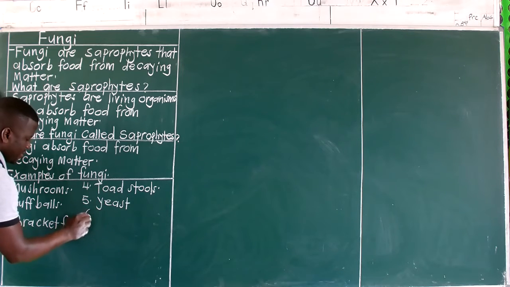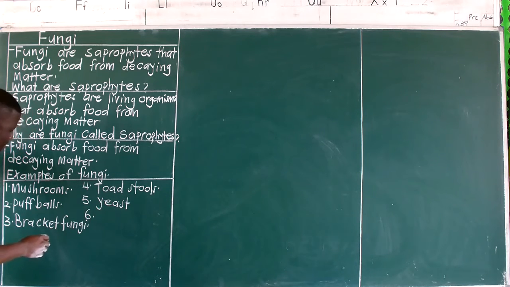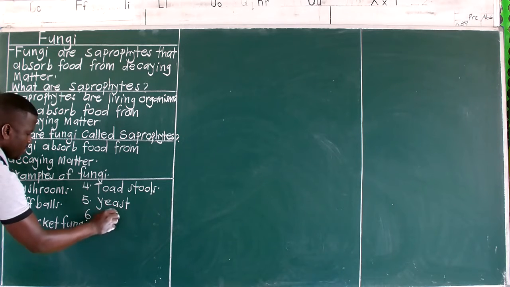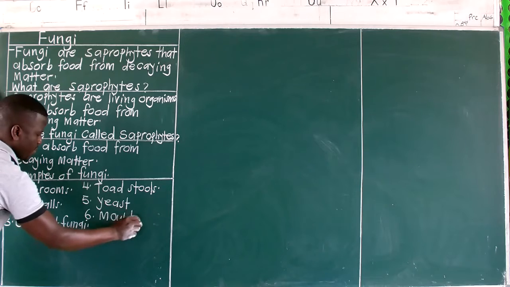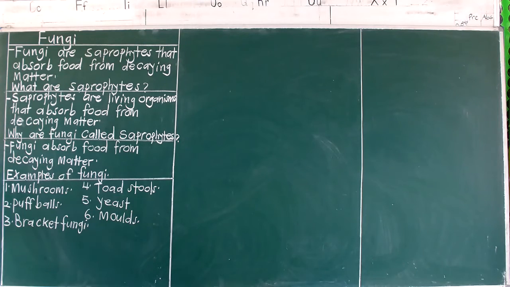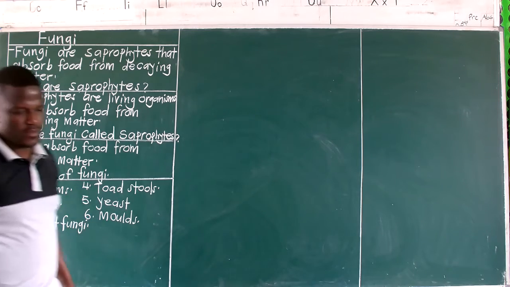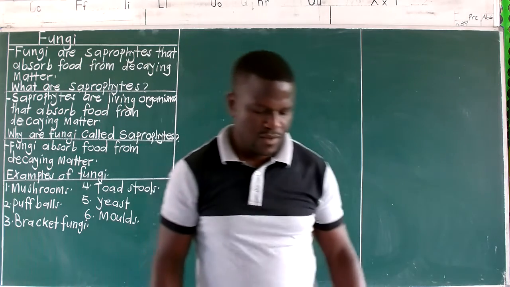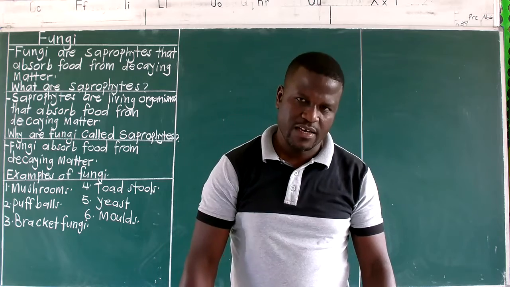Number 6, we have molds. So these are examples of fungi: mushrooms, puffballs, bracket fungi, toadstools, yeast, and molds.